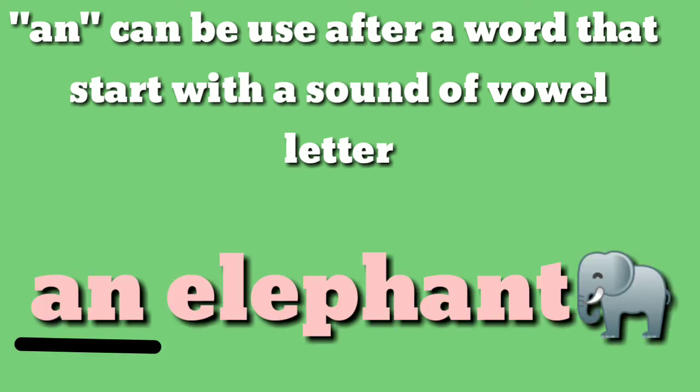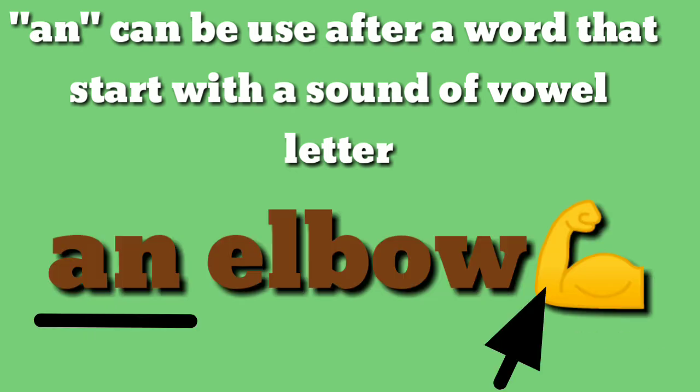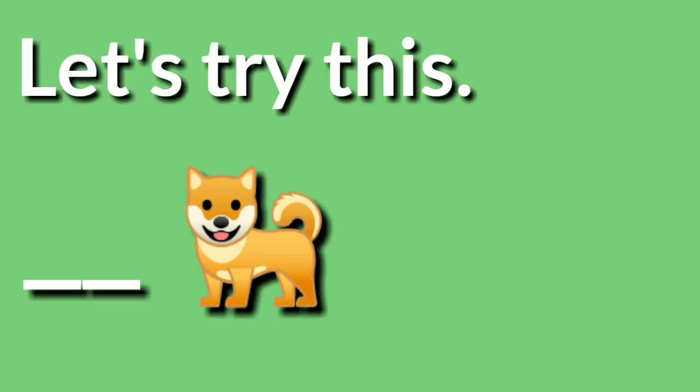Next, an elephant. E also is a vowel letter. An elbow. Sa Tagalog, siko. So we use an because the word elbow starts with a vowel letter.